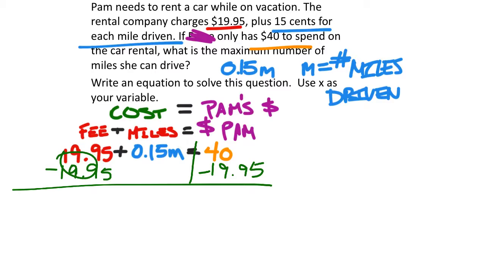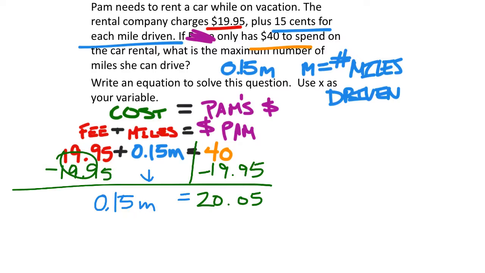I'm still going to drop this 15 cents per mile. And that equals this 40 minus 19.95, which comes out to $20.05. Well, $20.05, that's how much money Pam now has to spend on mileage, right?